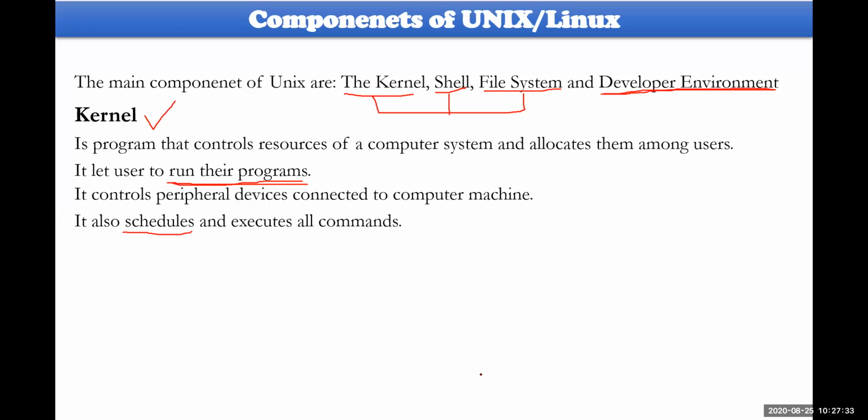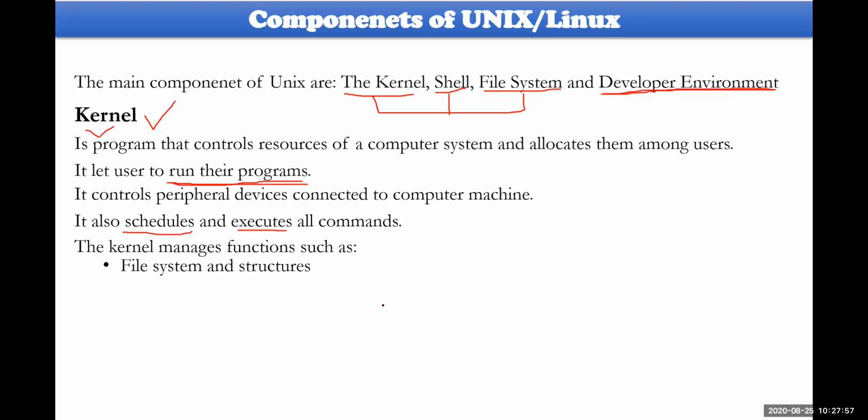Otherwise, it must wait for some time. All these operations are there in the operating system. Such scheduling, such allocation, such execution, everything is done by the kernel only. And the kernel manages the file system and file structures.